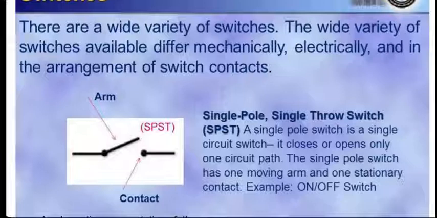This is the one we see very commonly around us. It is also known as an on-off switch. These are mechanically or rather manually operated devices generally, although it's possible to make them electronically operable as well.